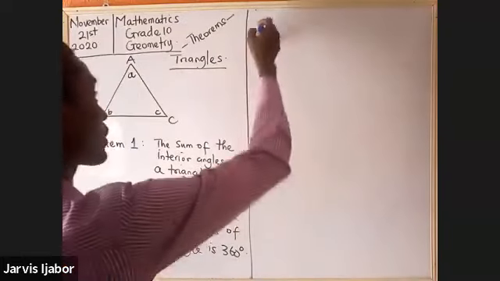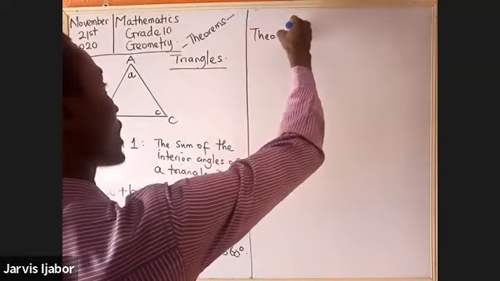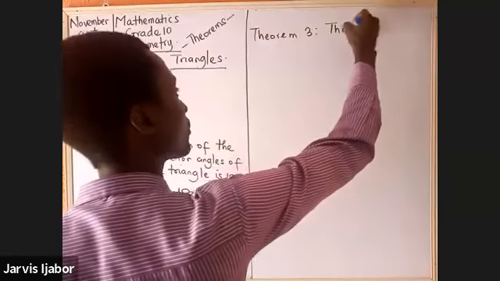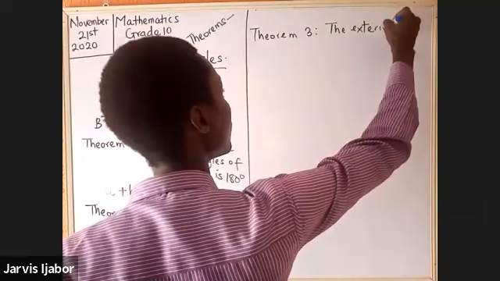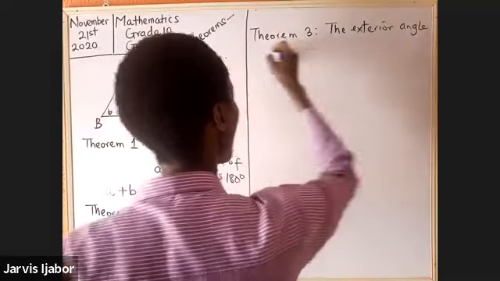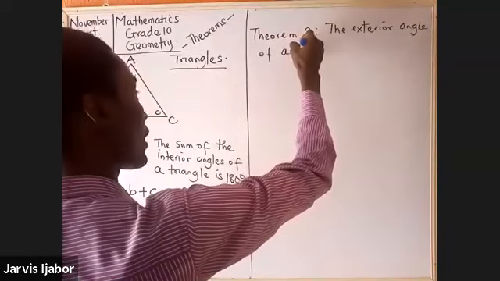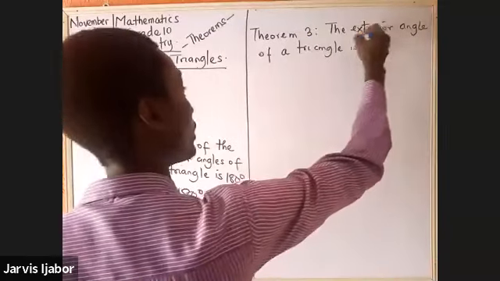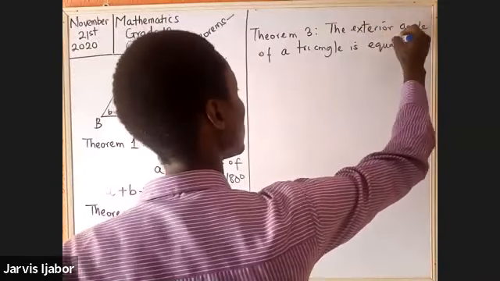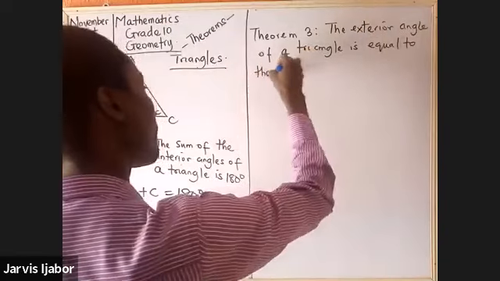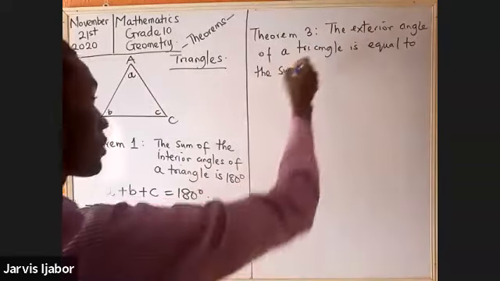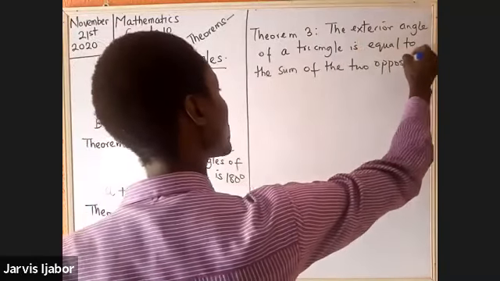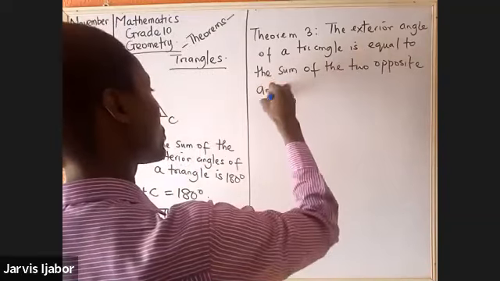Now, the next one that is so important, which I will call my theorem 3, is that the exterior angle of a triangle is equal to the sum of the two opposite angles.